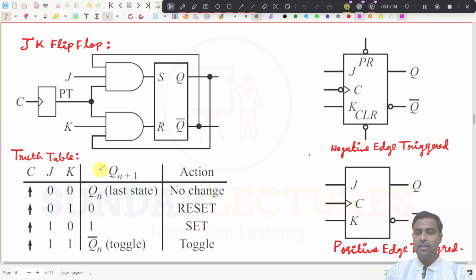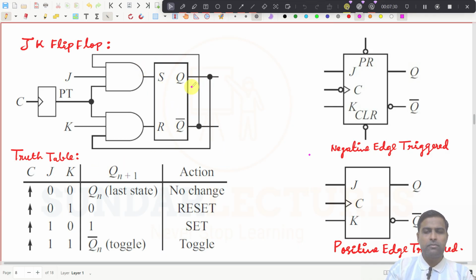It is the last condition, 1 1, that is the forbidden condition, because I have already told you there is a race between the 2 outputs. Whichever gate has less propagation delay, that gate output is going to become 1, and the other one is also trying to become 1. So it is not correct because Q should not be equal to Q bar. That is our idea.